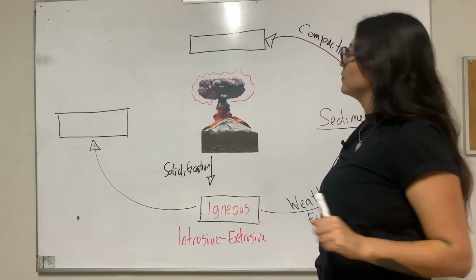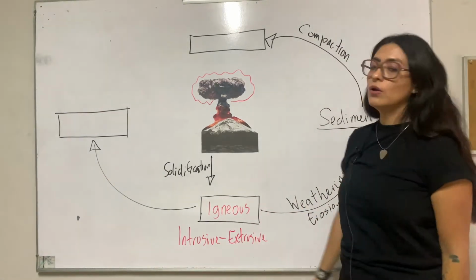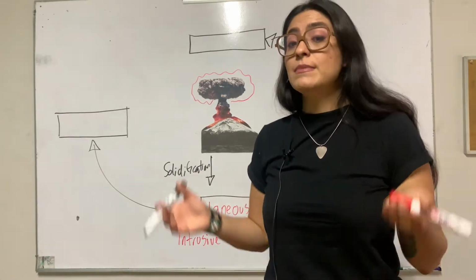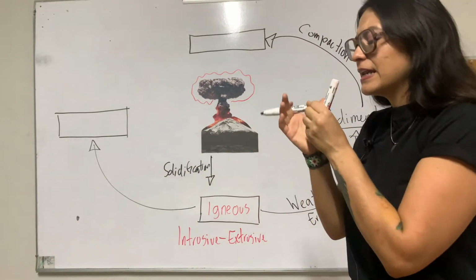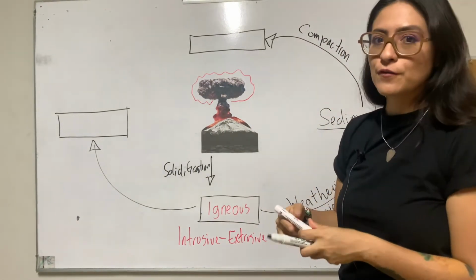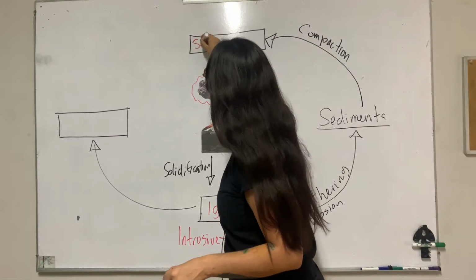Another name for this process is cementation. It's like cement. The sediments are going to get closer and closer until they form the second type of rock, which is called sedimentary rock.